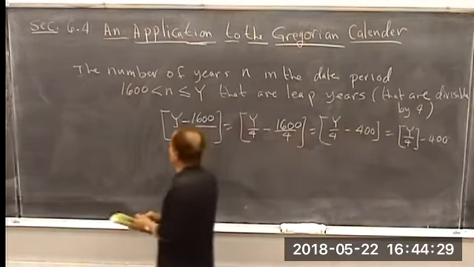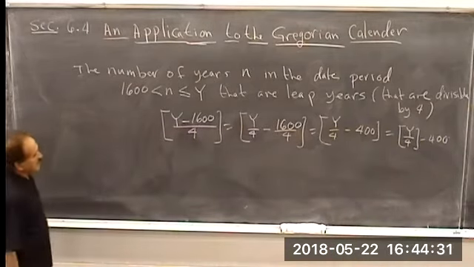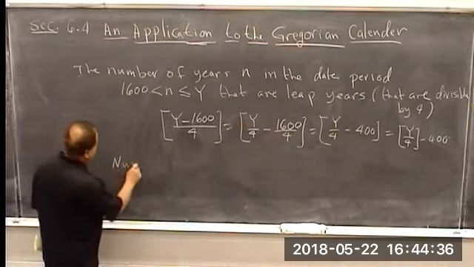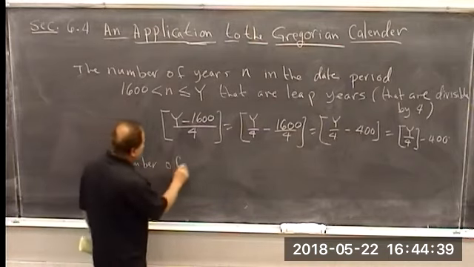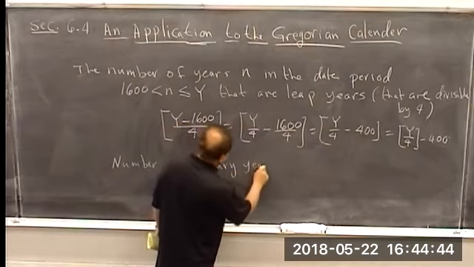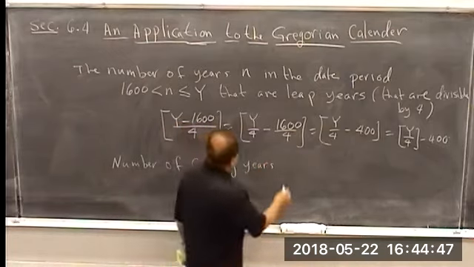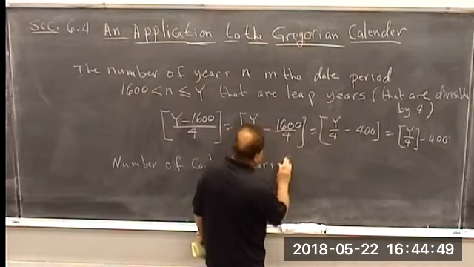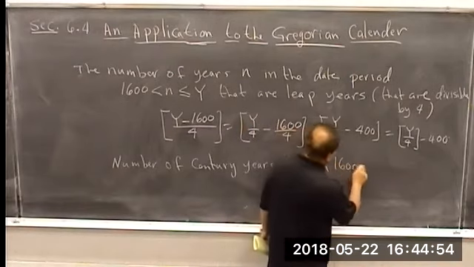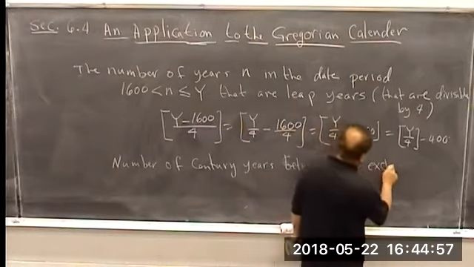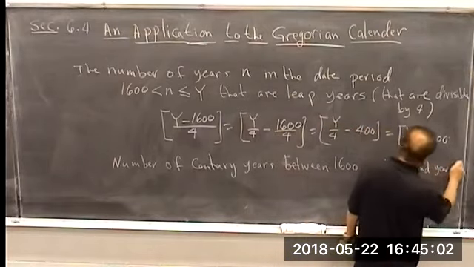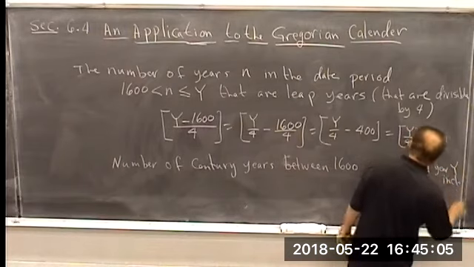The next thing we need to calculate is the number of centuries. So the number of century years, again between 1600 exclusive and year y inclusive.